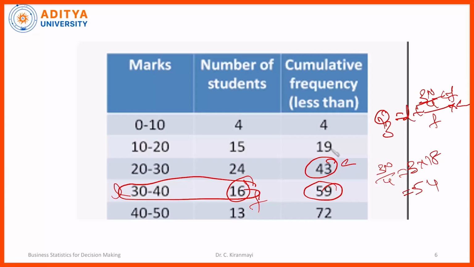So, the point which divides the whole data into such a classification is given by the third quartile.